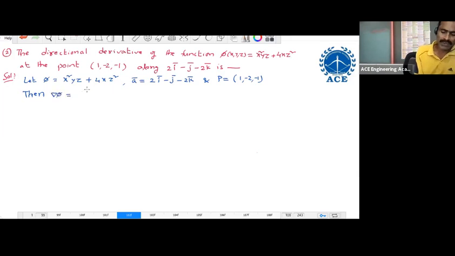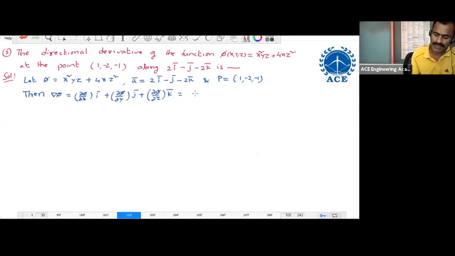Del phi equal to dou phi by dou x into i bar plus dou phi by dou y into j bar plus dou phi by dou z into k bar.